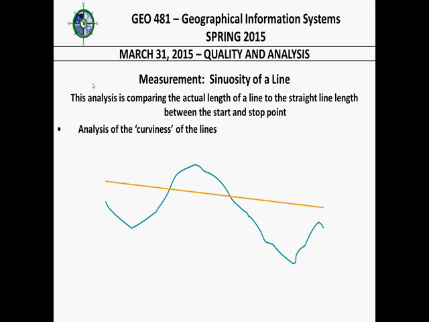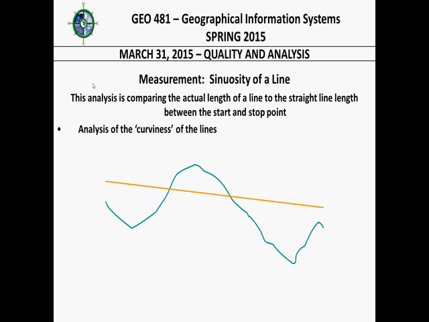Another one-off analysis would be sinuosity. And sinuosity is comparing the actual length of a line to the straight line from the start and stop point. And the shapes actually got shifted a little bit. I don't know if I can fix that. I can. It should be like that.